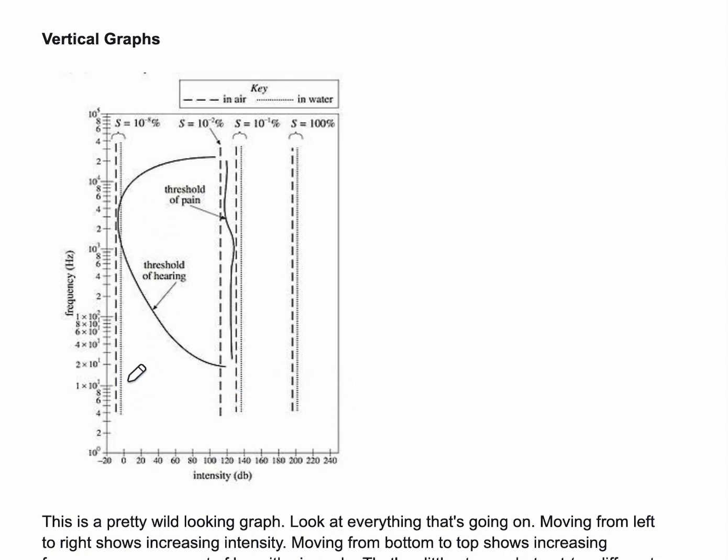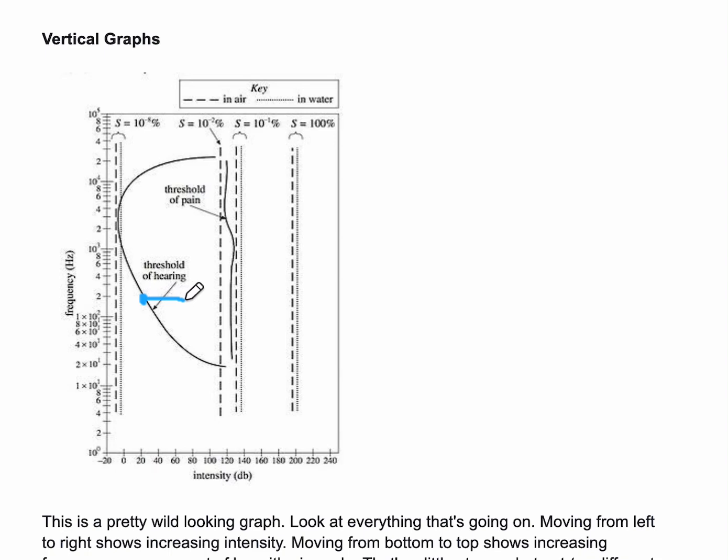So this is not something you would hear no matter what the intensity. It can go up to 240 decibels, you're not going to hear it. If it gets to 2 times 10 to the second here, then you will not hear it if the intensity is below 20 in this area. And then once the intensity hits 20, you hit the threshold of hearing.